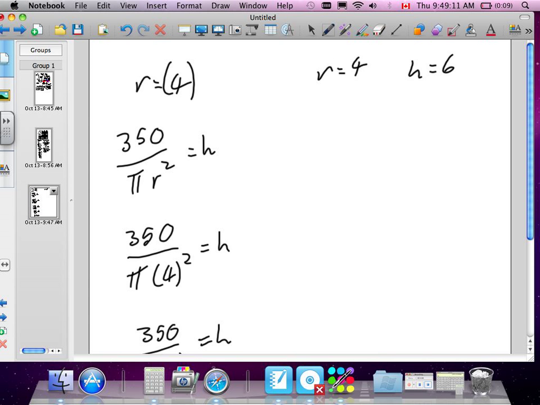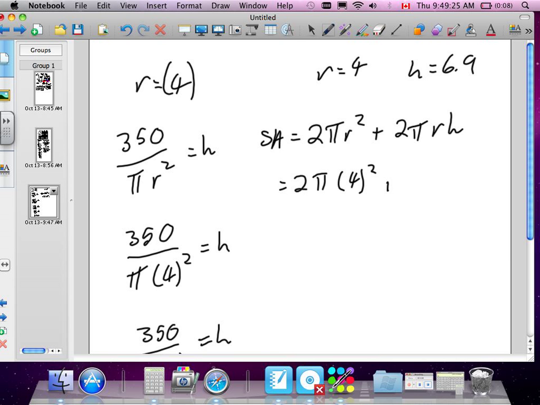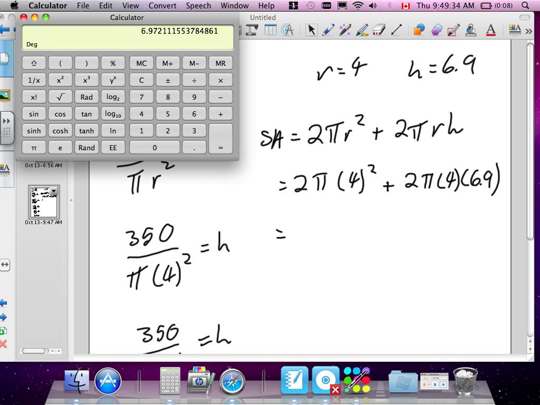And we're going to plug it into our surface area formula again, which was 2 pi r squared plus 2 pi r times h. When we plug it in, we get 2 pi times 4 squared plus 2 pi times 4 times 6.9. Try doing this all in one step. 4 squared is 16 times pi times 2, 105.